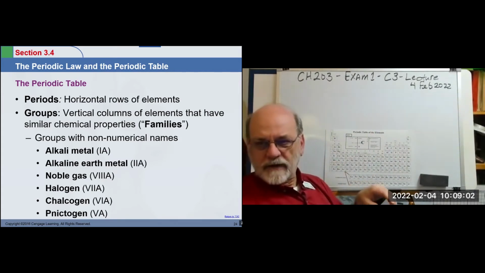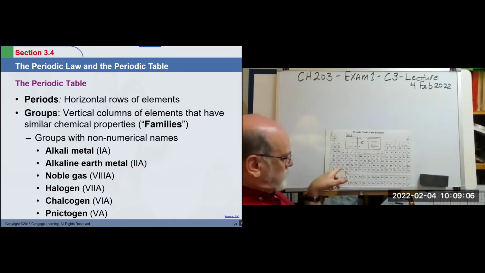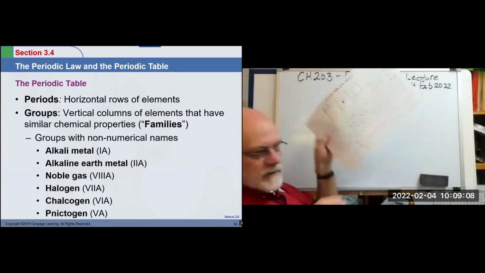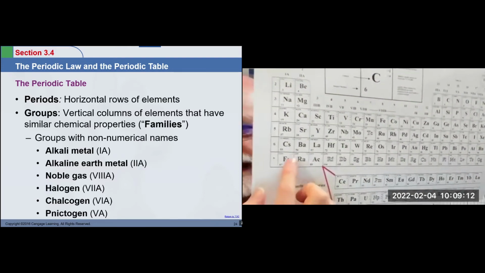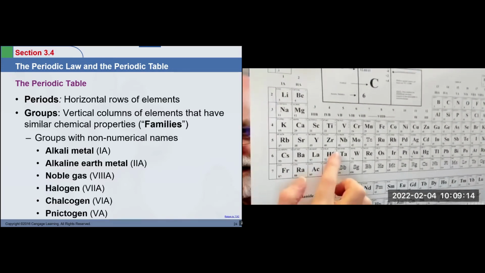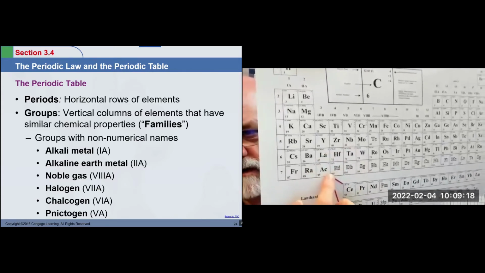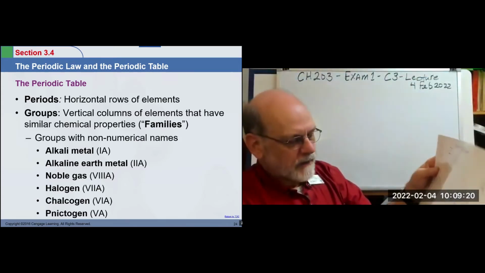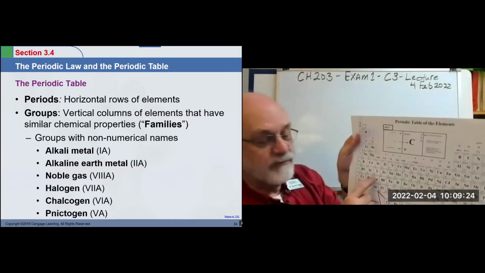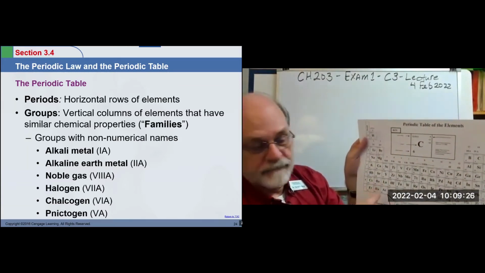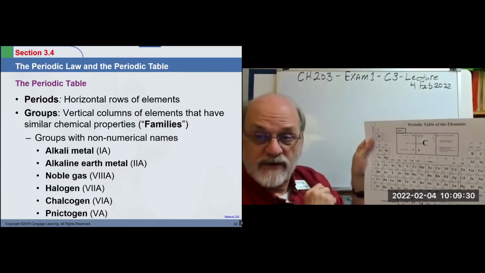Now there are a couple of partial periods that fit. Let's see, right here where that red line goes, right in here. One fits in here, one fits in here. The upper one is called the lanthanides, simply because the first member of the group is lanthanum. The second one are the actinides, because its first member is actinium.